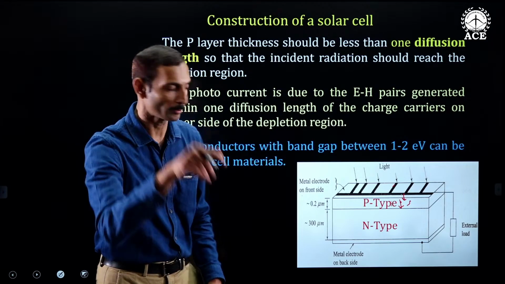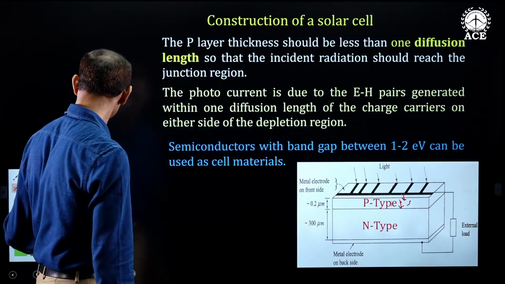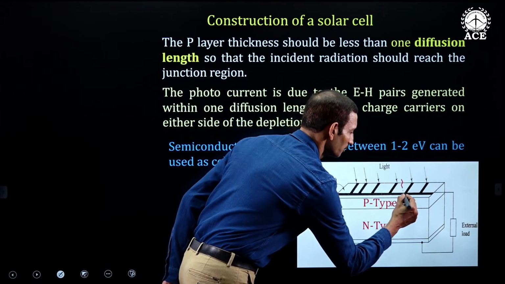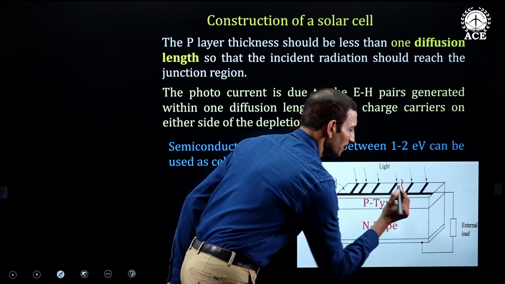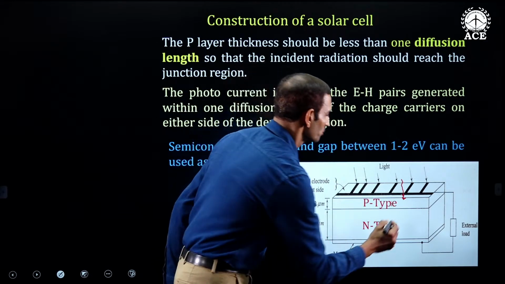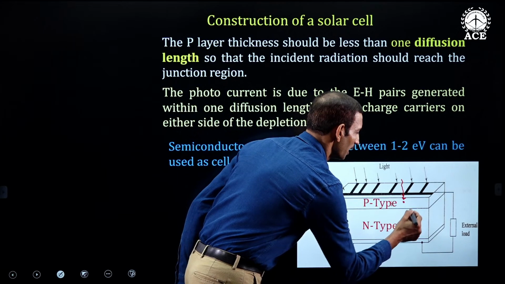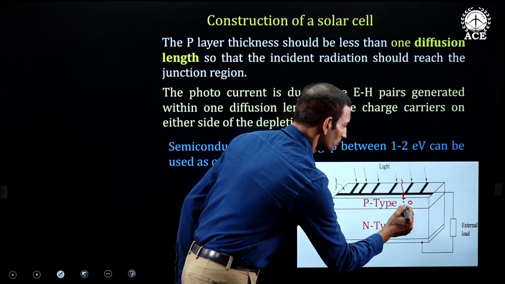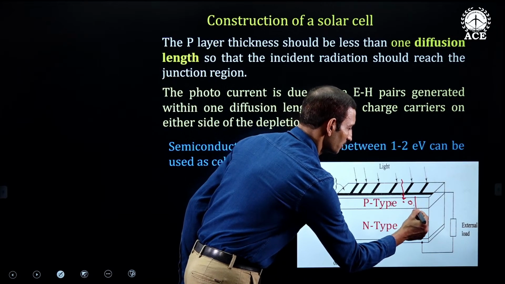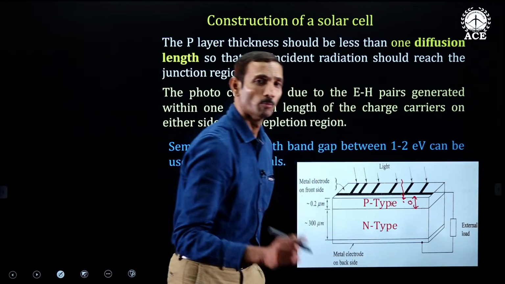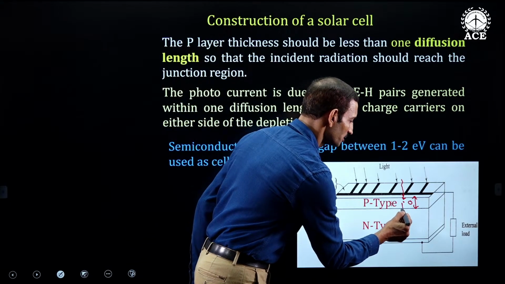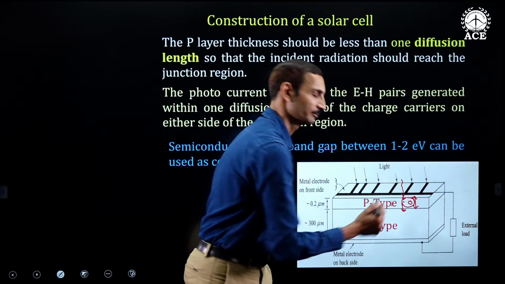Didn't you understand? I'm going to tell you one more time. Suppose a photon falls and it breaks a covalent bond. Agreed? So an electron and a hole are produced. Now, if this width is more than their diffusion length, automatically before they cross the junction itself, they die.